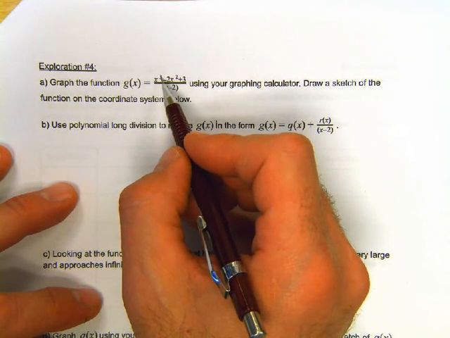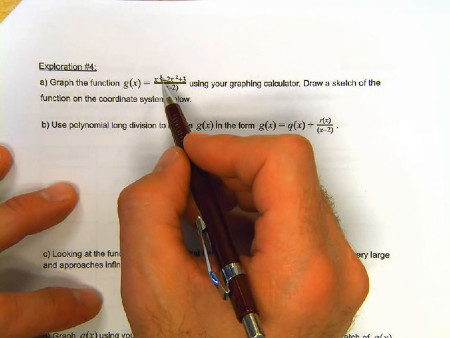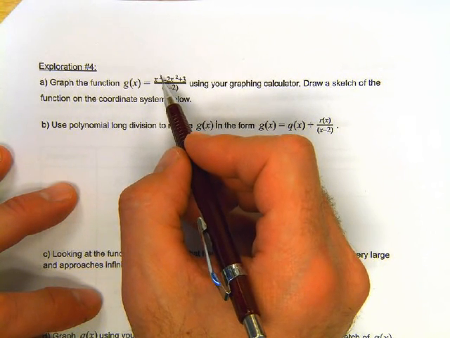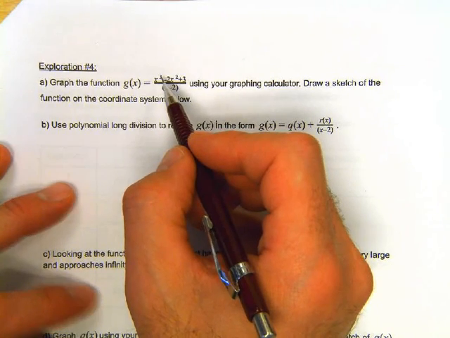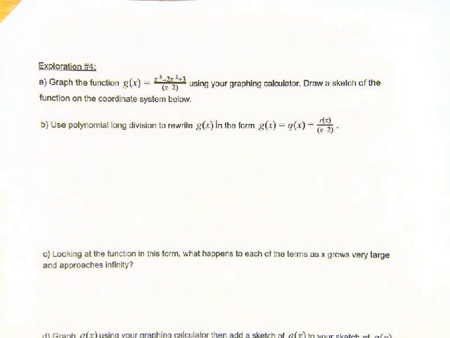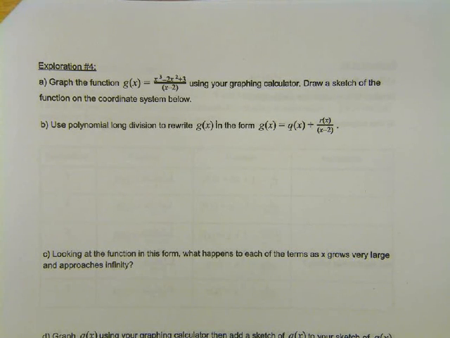How many degrees bigger is the numerator? 2. And that's quadratic. What does quadratic look like? A parabola. So what do you bet that we get a parabolic asymptote?